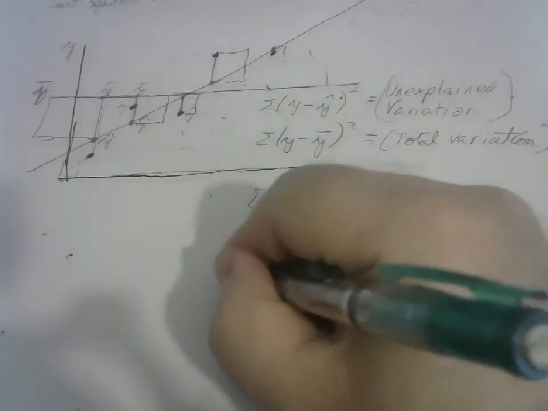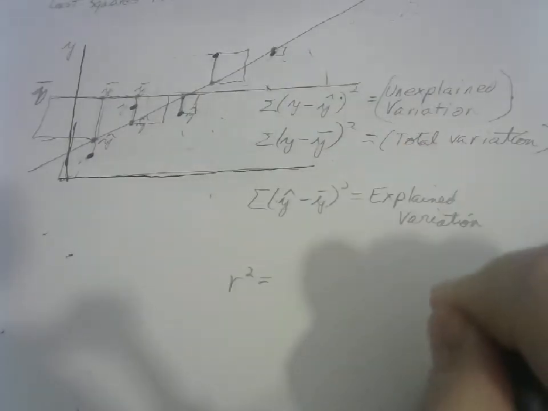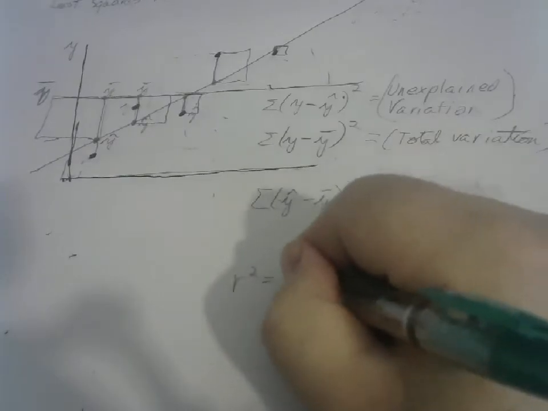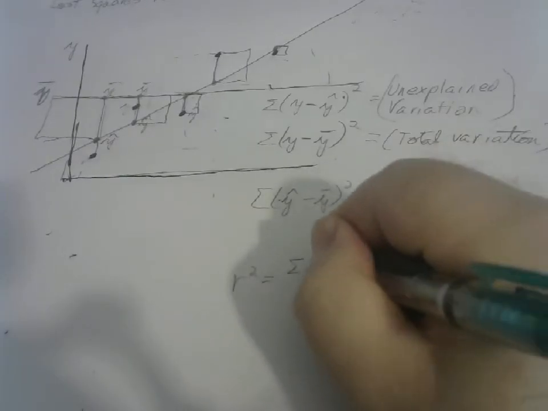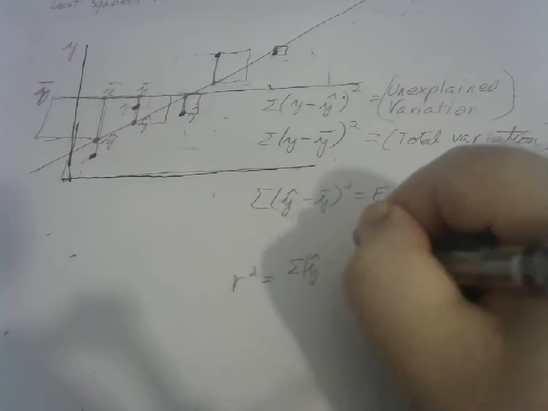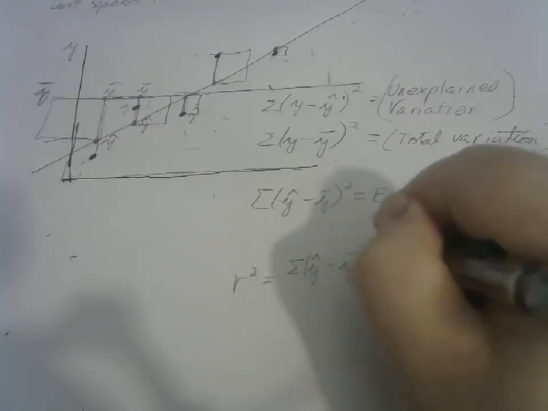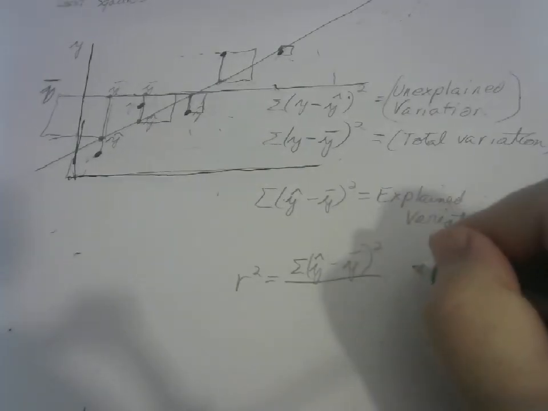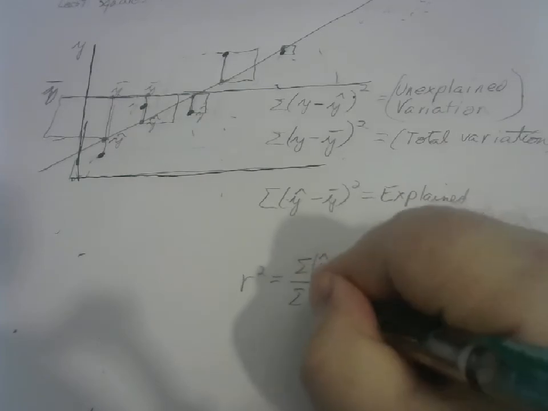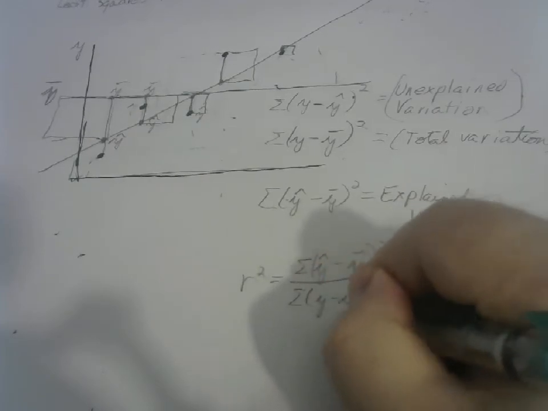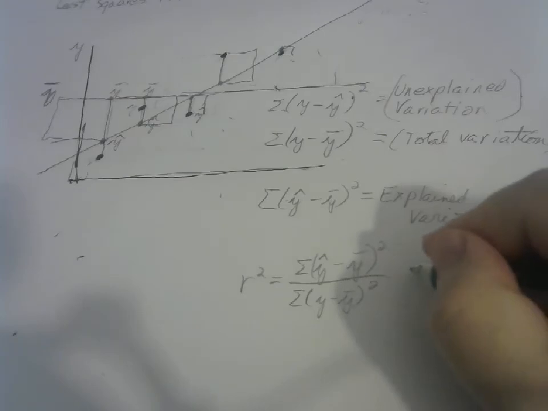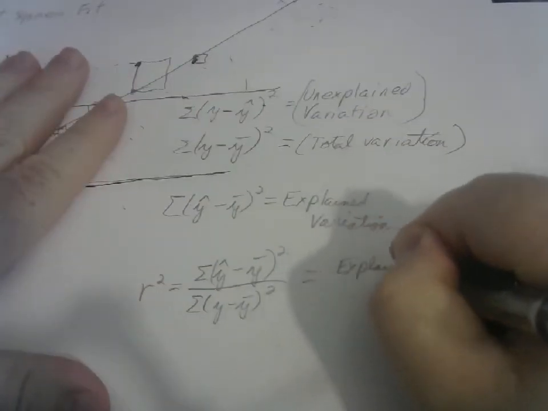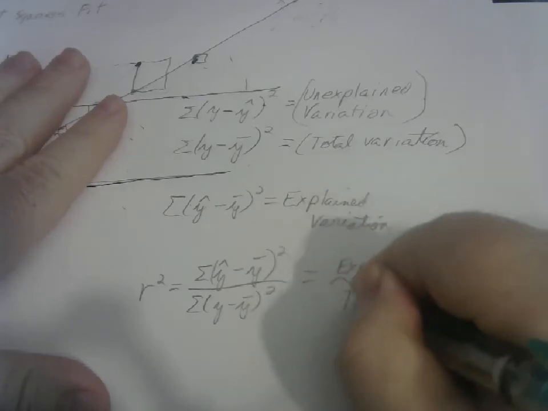And r squared is equal to the explained variation, the sum of y hat minus y bar squared, divided by the total variation, the sum of y minus y bar squared. So it's equal to the explained divided by the total.